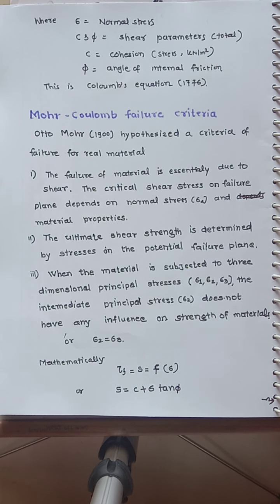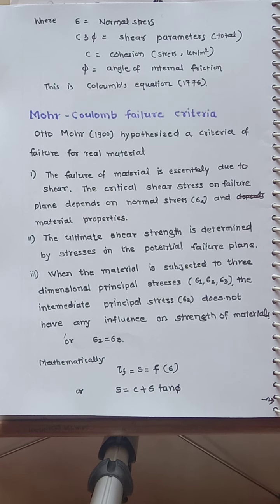So any body of certain material, it fails. When it fails, the failure entirely depends upon the normal stress. Then failure takes place inside with a certain failure angle, what we call a crack, suppose. Along that crack or failure plane, the critical stresses act, and because of that failure takes place.